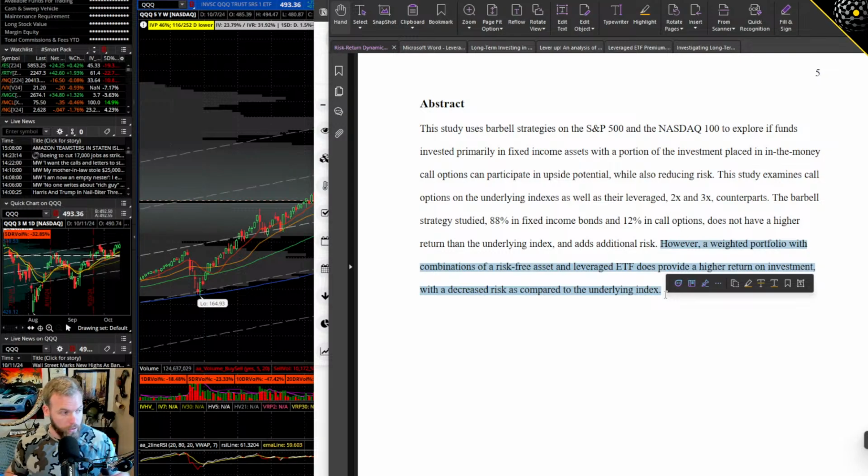Okay, cool. Fun story. If instead we take the $50,000, we put $40,000 in TQQQs, then we put $10,000 in some sort of risk-free asset, the $40,000 that is in TQQQs will still have the very same 3 times daily leverage.